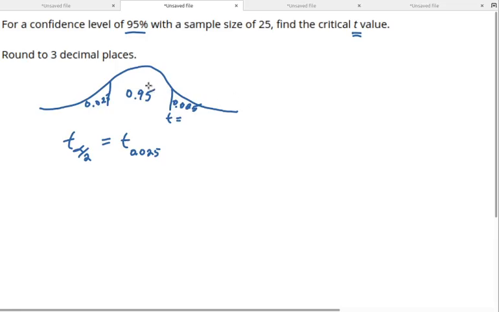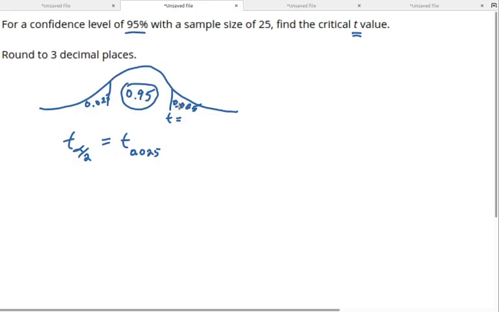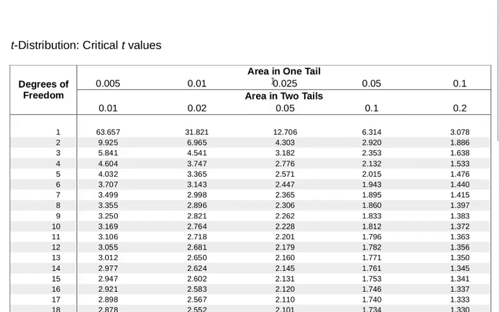So what I'm looking at is the area that's left over after my confidence level is put in the middle. There's 0.05 left over for the two tails. So that tells me I must be in the middle column. Or if I want to look at just the area in one tail, that's 0.025, still looking in the middle column.